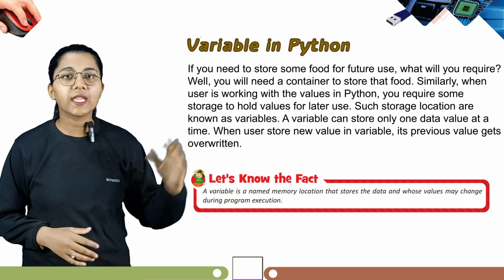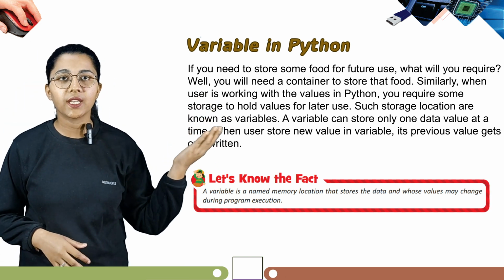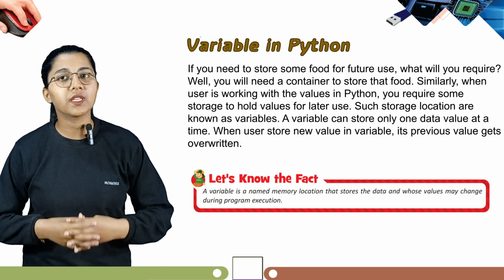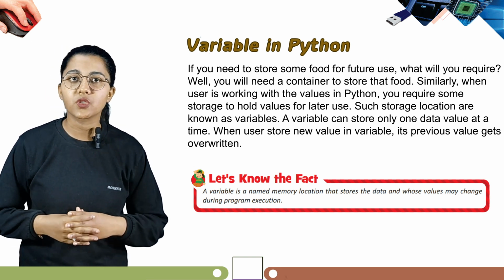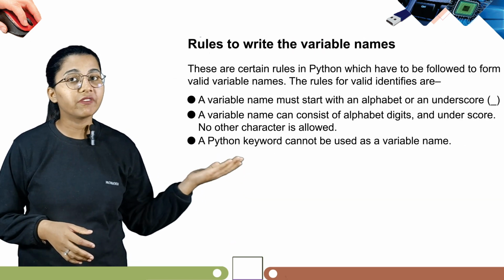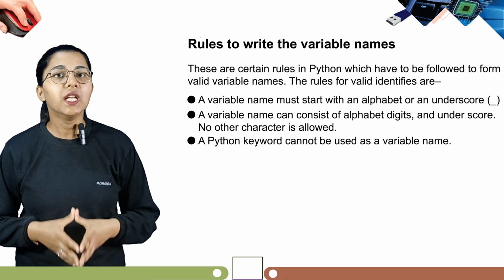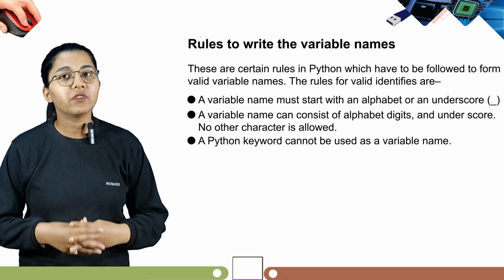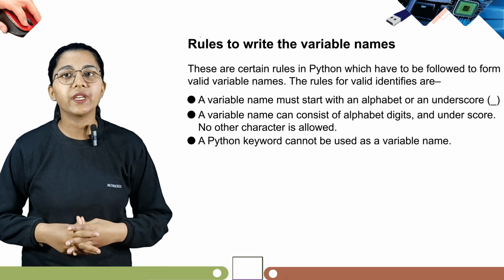Students, again here we have an interesting fact. A variable is a named memory location that stores data and whose value may change during program execution. Now let's read the rules to write a variable name. These are certain rules in Python which have to be followed to form a valid variable name.